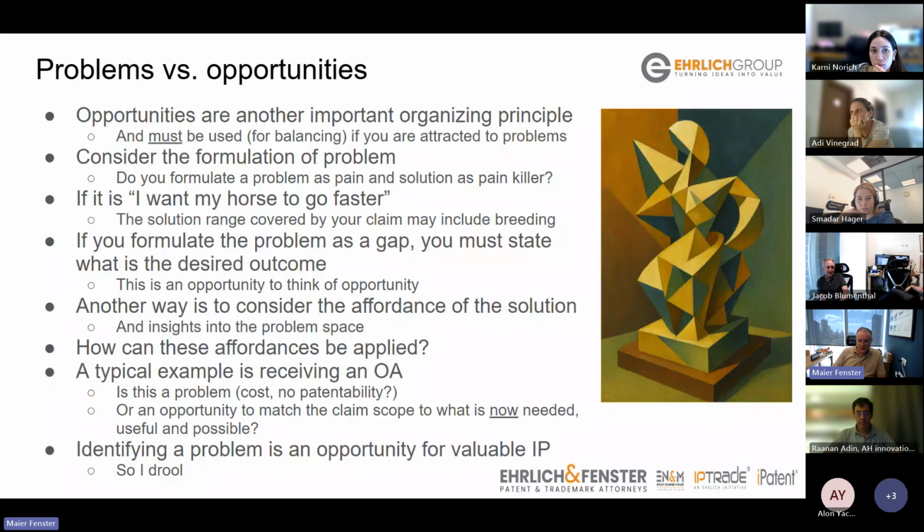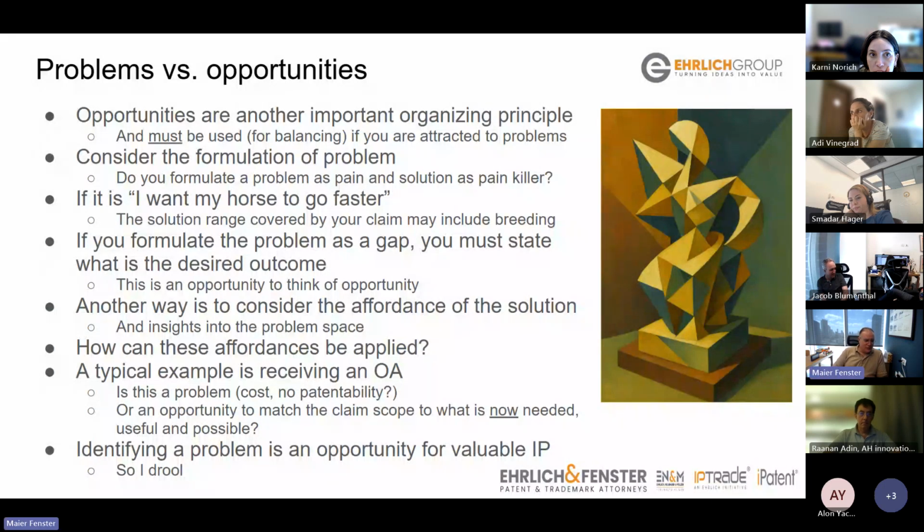Last but not least, you might have noticed my quote before. When the client identifies the problem, it is absolutely an opportunity for valuable IP. So when clients tell me, listen, we have a problem, I start drooling because that's what we're about. You have problems, so will your competitors.